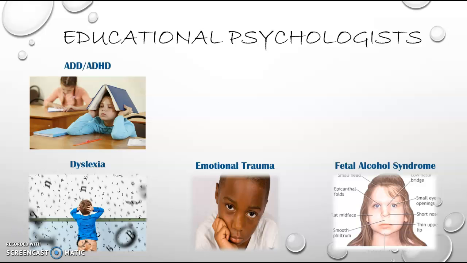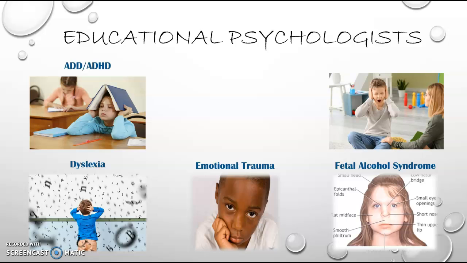Another one I found particularly interesting was fetal alcohol syndrome, and that's what I was talking about before. I never knew that children will also physically present the fetal alcohol syndrome look, as it were. Autism is the one that is the next picture. I have a child in my class who's autistic.